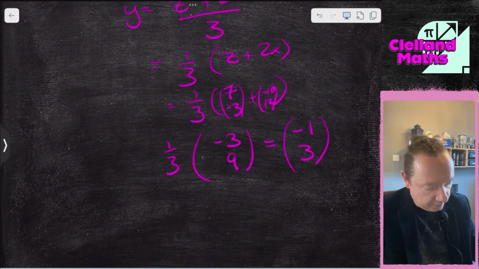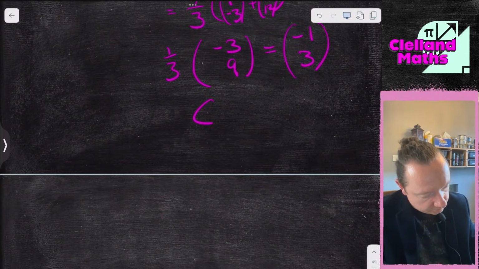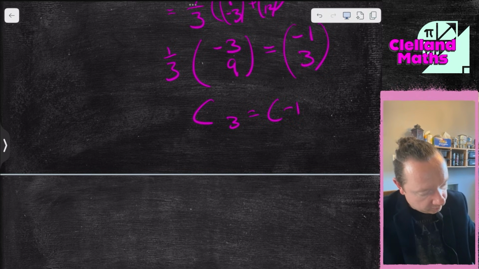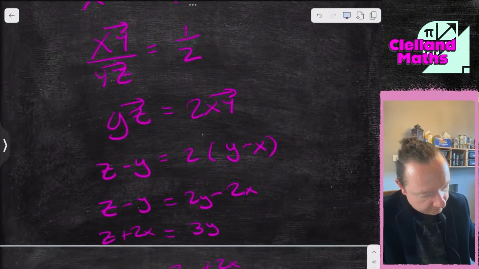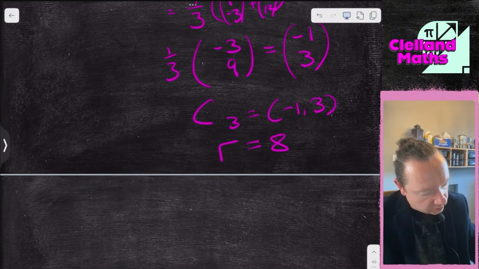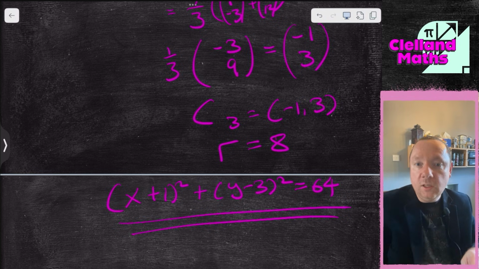So that means that our centre, C3 we're calling it, is (-1, 3). And we know its radius already, way back up here. I think we worked out that it was 8. So the equation is x minus -1, so x plus 1 squared, plus y minus 3 squared equals 64. And finally, we're done there.